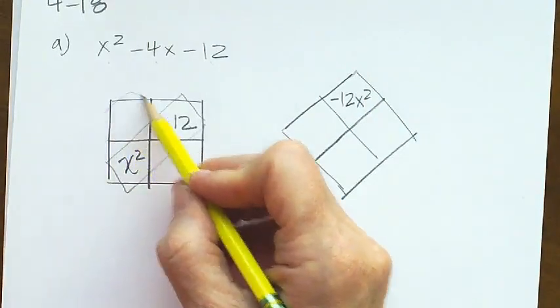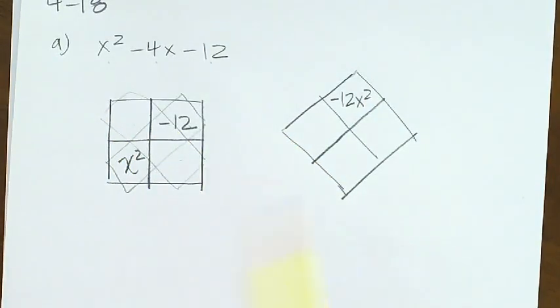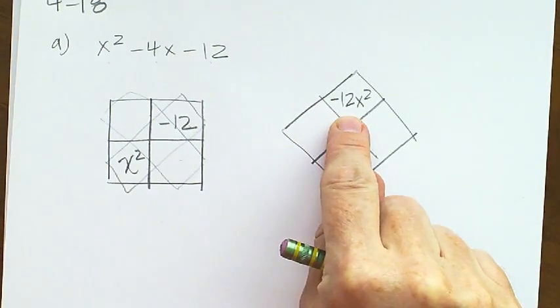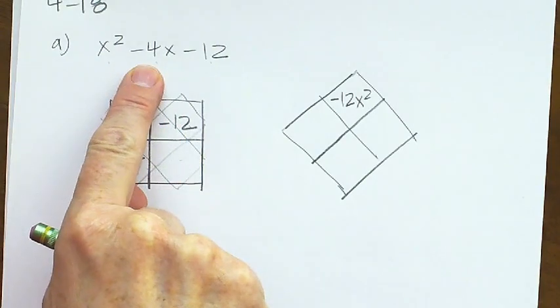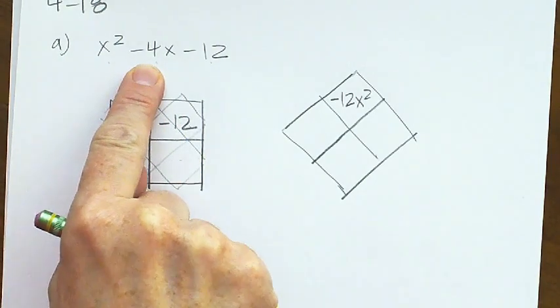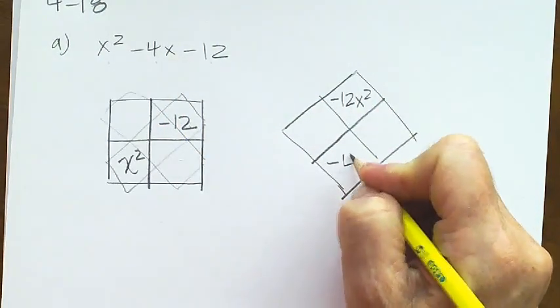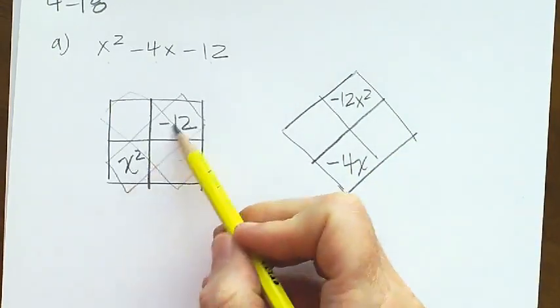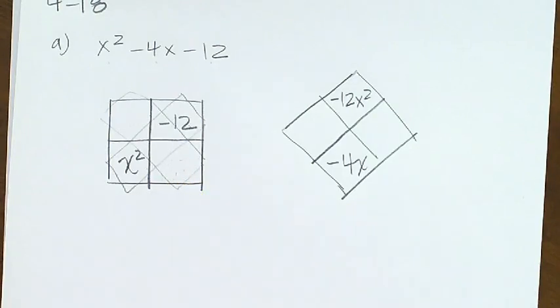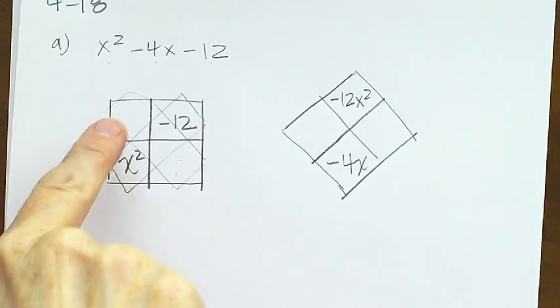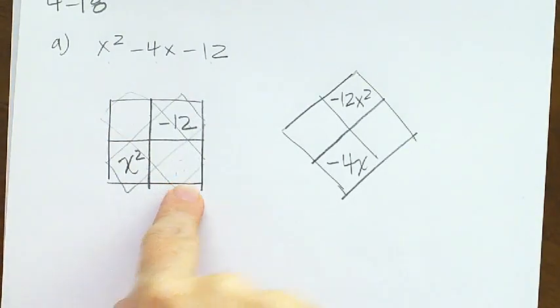I know that these two terms multiplied are also going to give me -12x squared, and I know that these are going to add up to -4x. So that's why -4x goes on the bottom, and that's why we noticed the pattern, that the product of the diagonals is always the same. That's what helps you to figure out these missing terms.